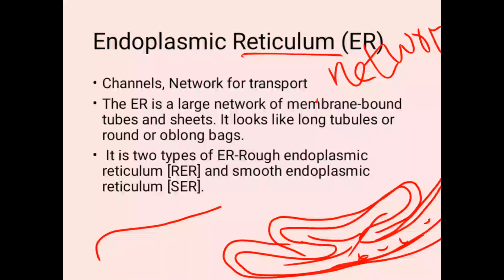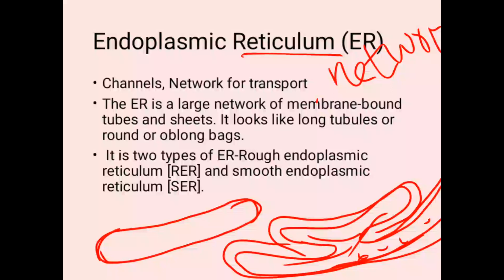Oblong bags are a slightly rectangular shape with blunt ends. Based on the surface and structure, it is classified into two types. One is the rough endoplasmic reticulum, or RER, and the other is the smooth endoplasmic reticulum, SER.